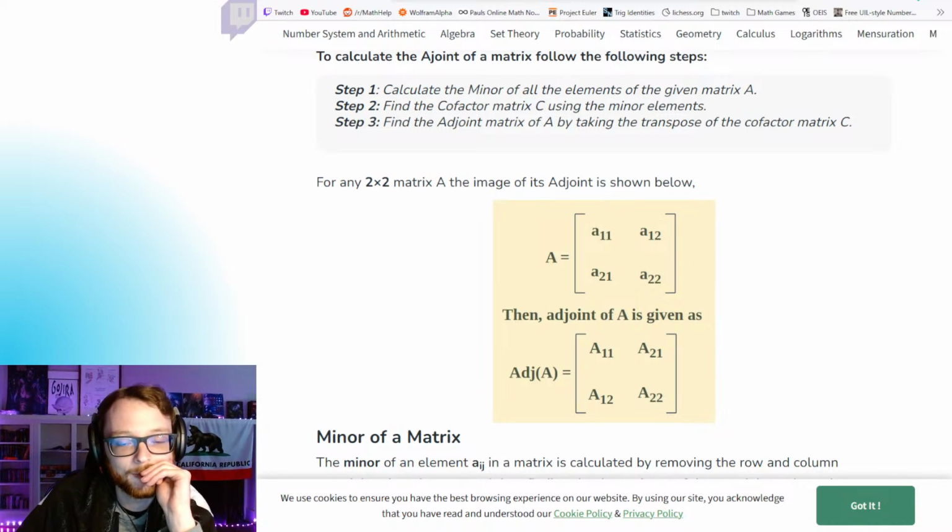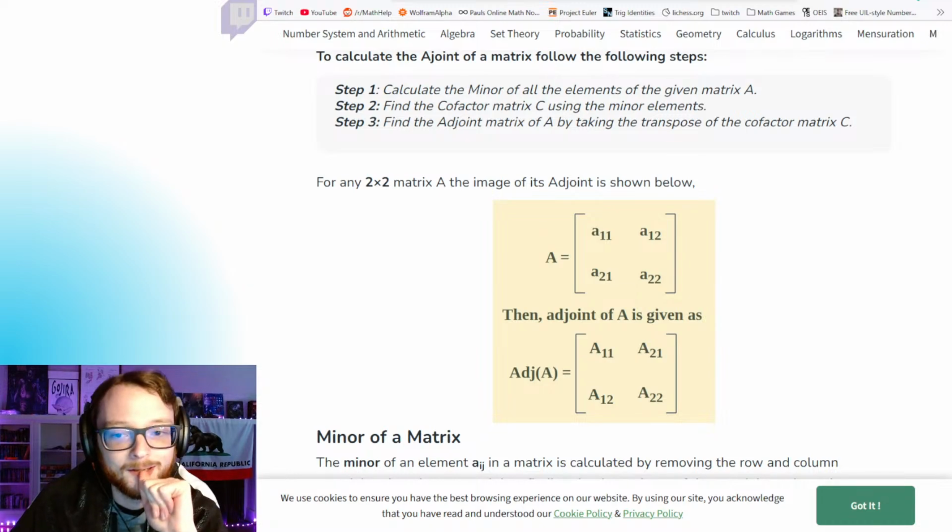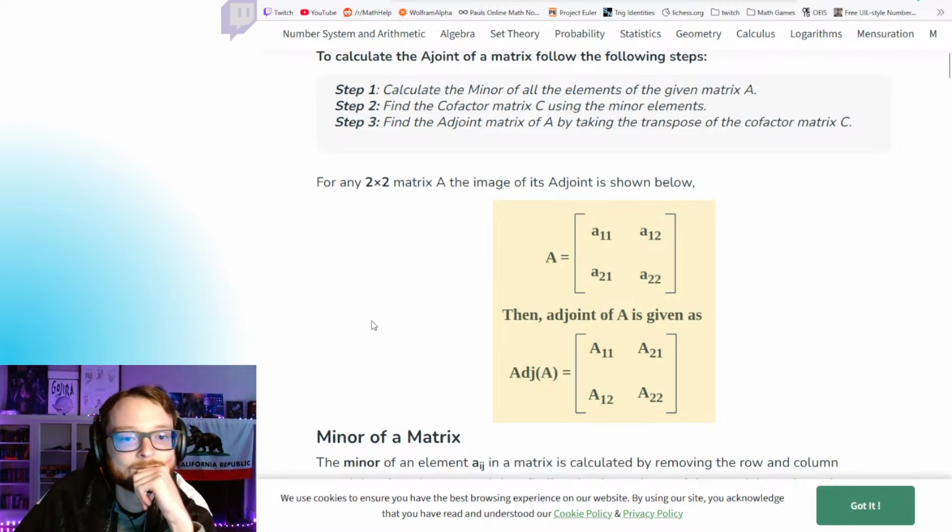That's 3 by 3. I think that's basically the question. Wow. $37?